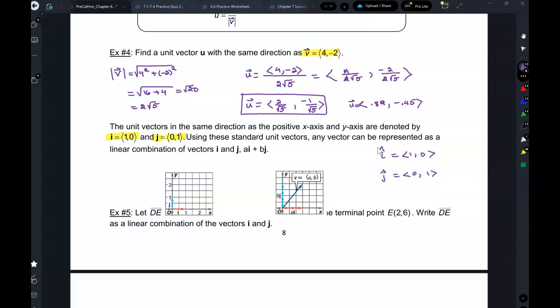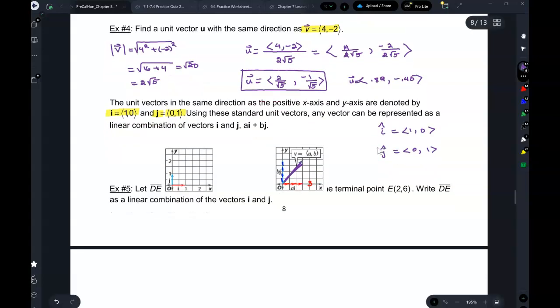Okay, so basically, I can have a combination of i hats and j hats, and together they can create any old vector that I would like. So here, for example, look at this. I've got 1, 2, 3 i hats and 1, 2, 3, 4 j hats, and they collaborate to create that vector.